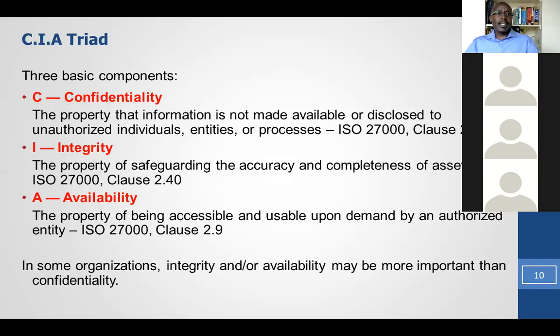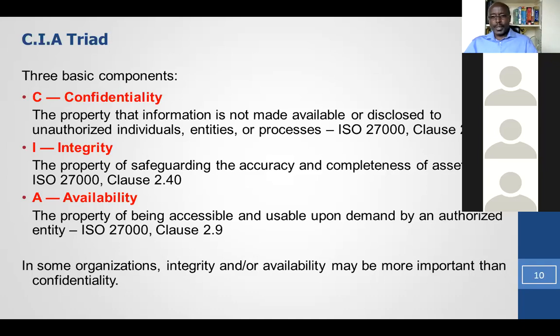So the CIA triad, these are the three basic components. Here are simple definitions. Confidentiality: ensuring that information is not made available or disclosed to unauthorized individuals. Now, these definitions are coming out of ISO 27000, sorry. And in a short while, we'll understand where ISO 27000 comes in the wider scheme of things, because we are talking about the ISO 27000 family of standards.